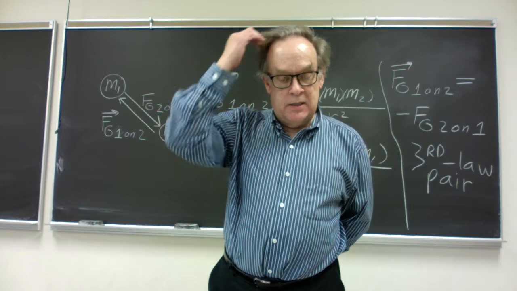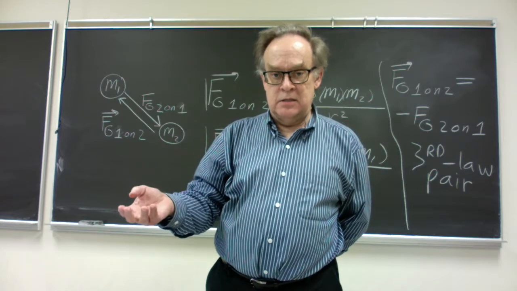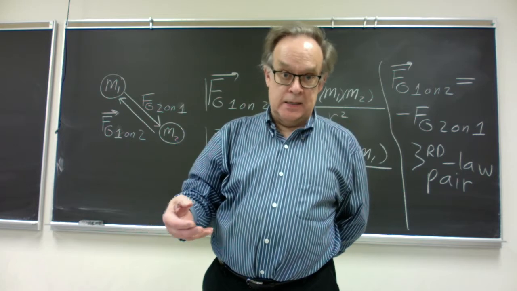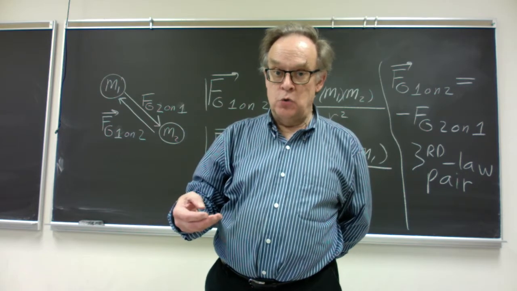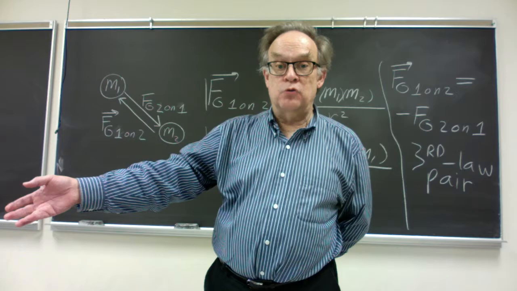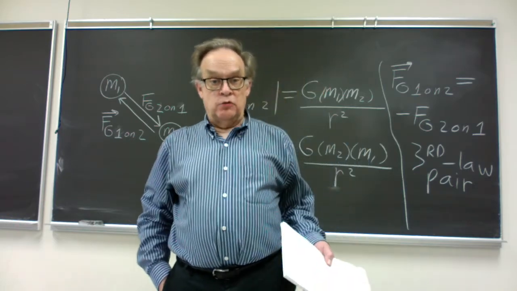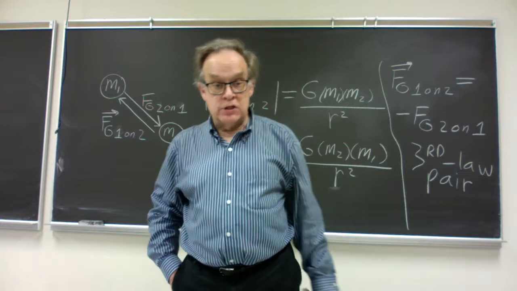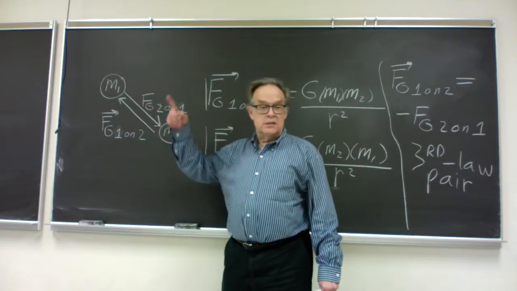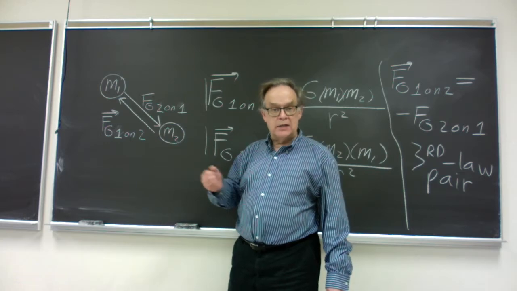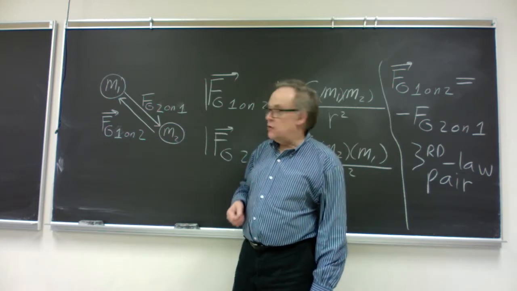So the basic idea is that anything with mass feels a gravitational force, and anything with mass will also exert a gravitational force on other masses. The gravitational force is always an attracting force. So here's two masses, mass 1, mass 2, and they each apply an attracting gravitational force to the other.